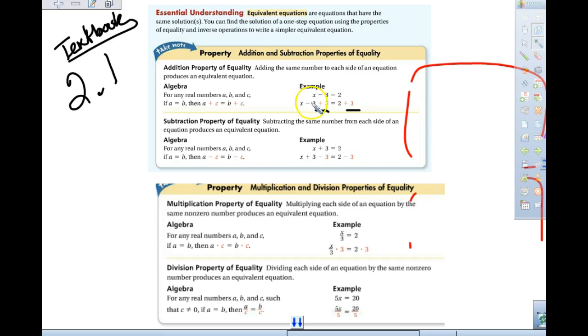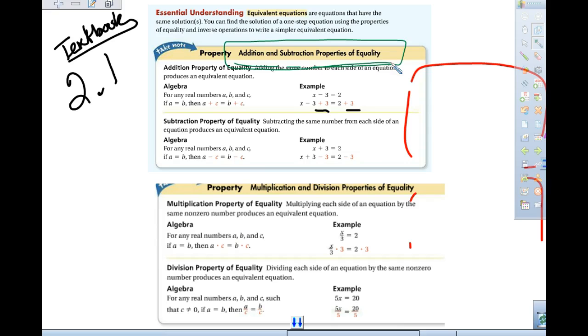Meaning if you're given this property, so please write down in your notes, addition and subtraction property of equality. Write that word down in your notes. This is on that blank page. And you can do it on the very back, but I would do it right on the back page of your last answer sheet. Okay?